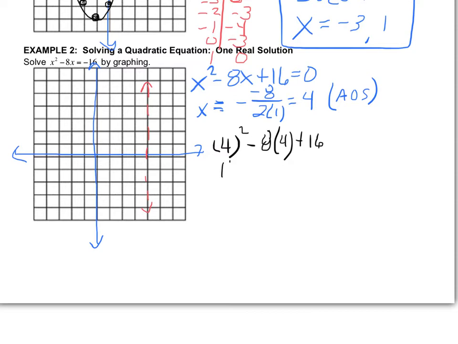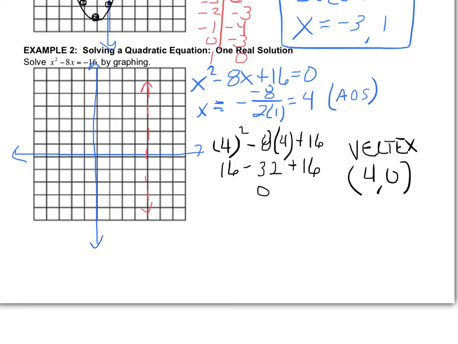And I'm going to get 16 minus 32 plus 16, which is going to give me a 0. So that will tell me the y coordinate of our vertex. So our vertex is going to be at 4, 0.